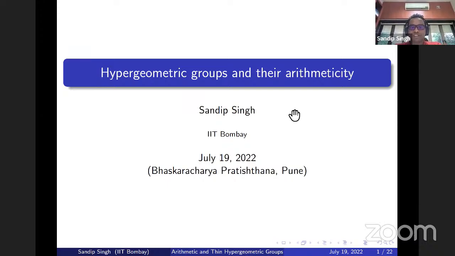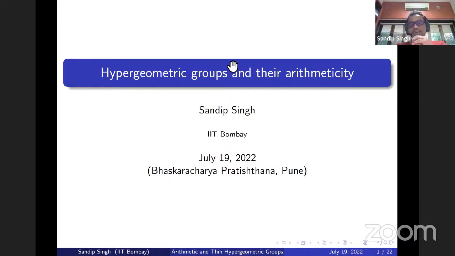Okay, so today I will speak about hypergeometric groups, and we'll discuss the question of determining their arithmeticity and thinness. These hypergeometric groups are subgroups of GL_n(C), where n is a natural number, that arise as the monodromy group of a hypergeometric differential equation of degree n.